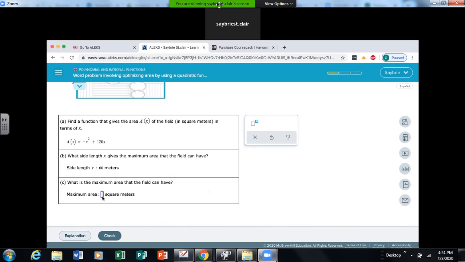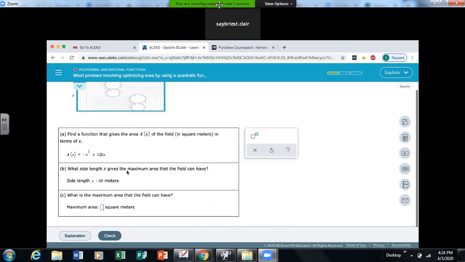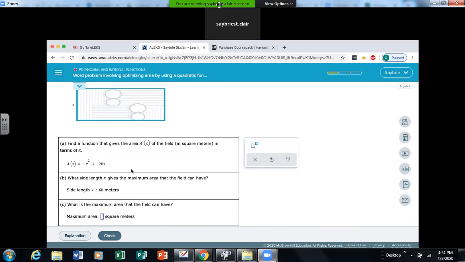And then if I plug 60 into that equation, negative 60 squared plus 120 times 60, I get positive 60, yep, 60 times 60. I get 3,600.